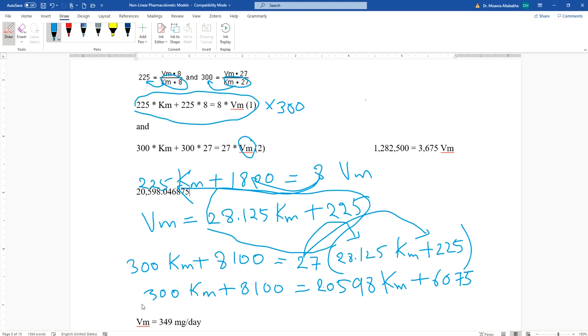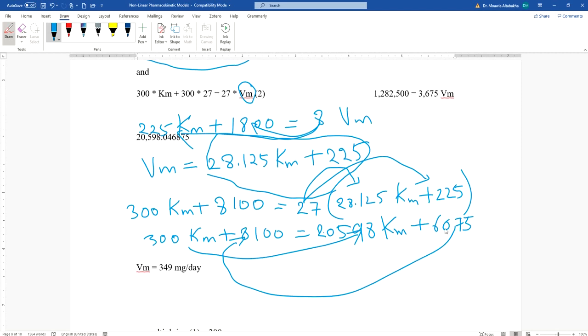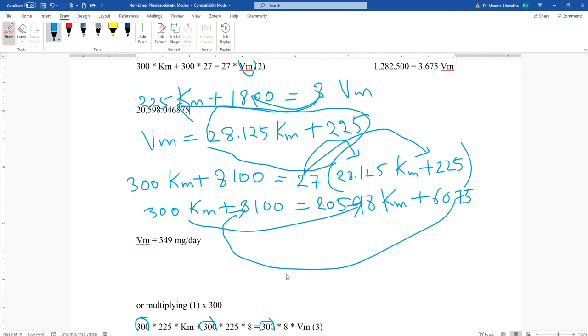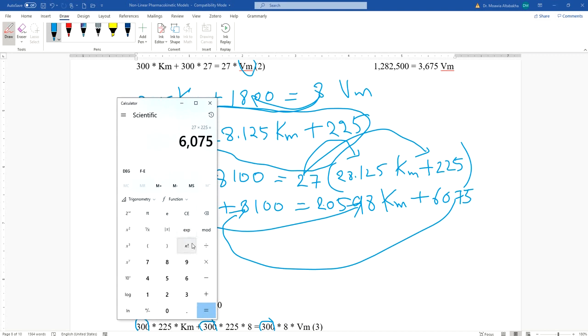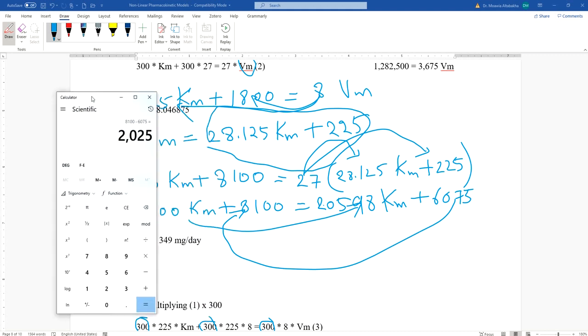6,075. Okay. Now of course we want Km to be in one place. This is the smallest, so I will take it this side and I will take this one here. So it will be 8,100 minus 6,075 equals 2,025.